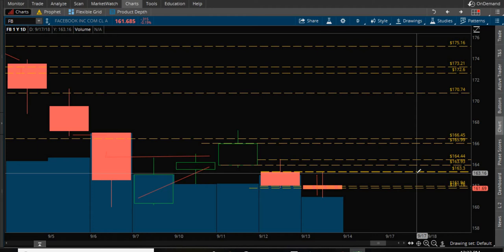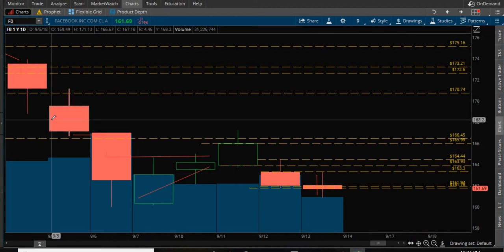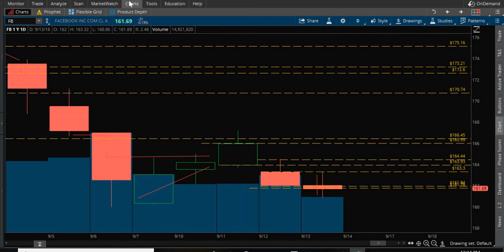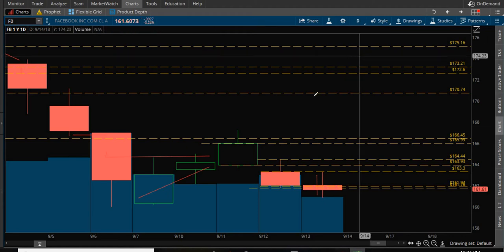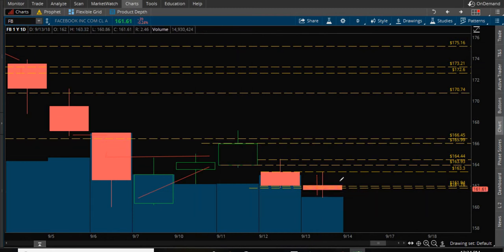If we have a strong market, then we're going to break through these resistance levels. If we have a very weak market, then we're going to break through these support levels. Sometimes you have a lot of buying pressure or selling pressure that completely takes out these support and resistance levels. And there's money to be made in that too.